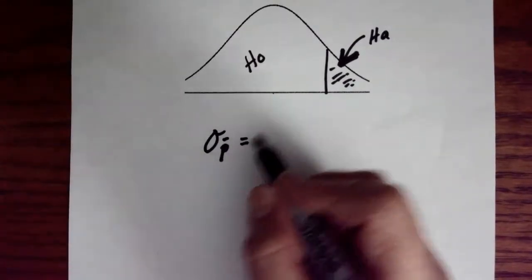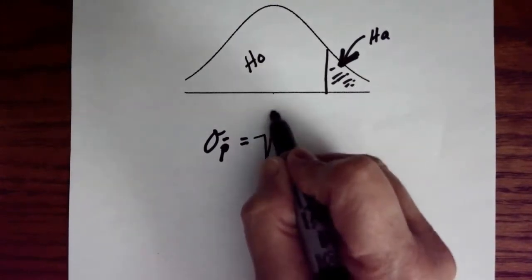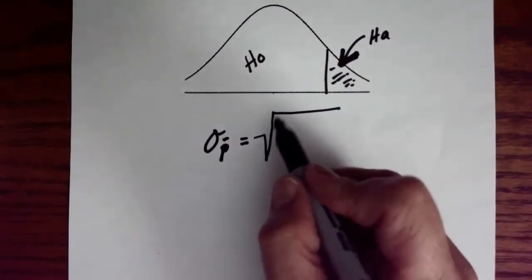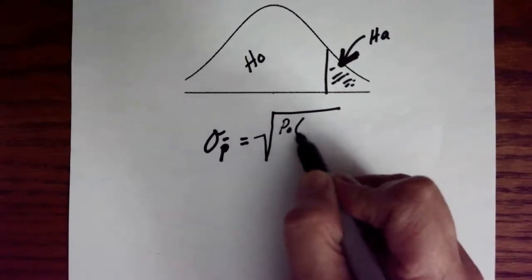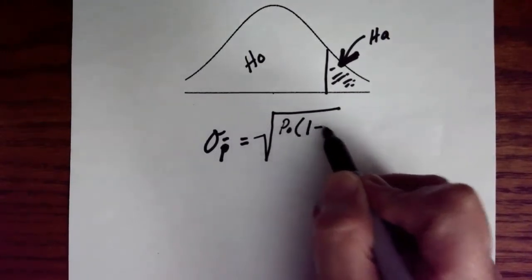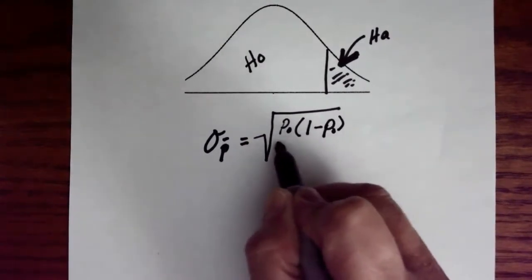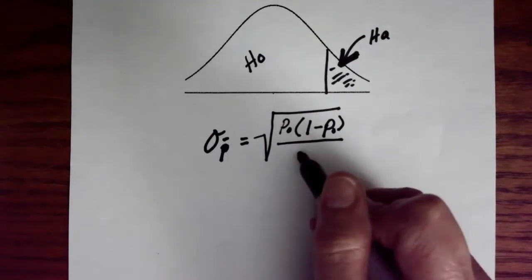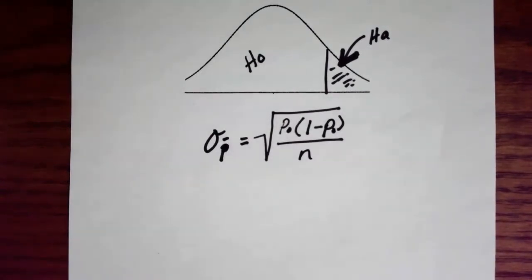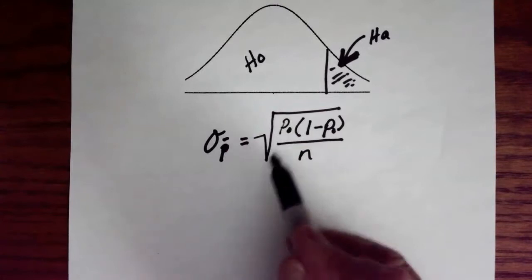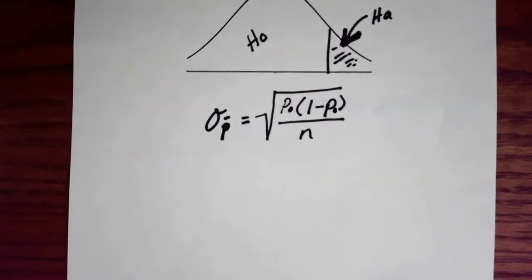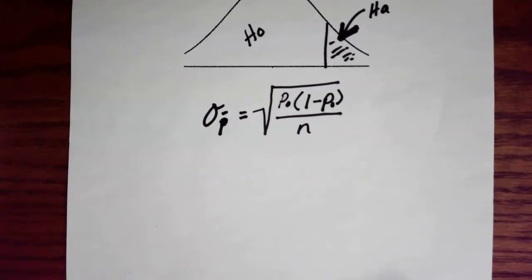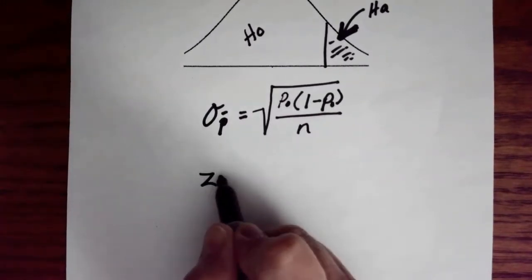So the formula for the standard error of the proportion: we have our hypothesized value, multiplied by 1 minus our hypothesized value, divided by the number in our sample, and then we take the square root of that value.